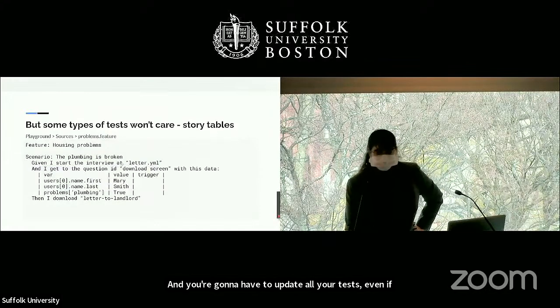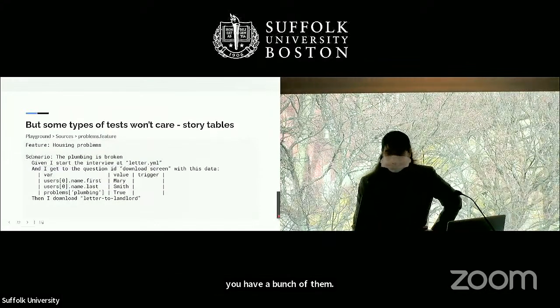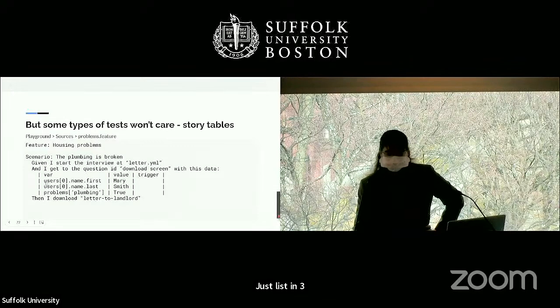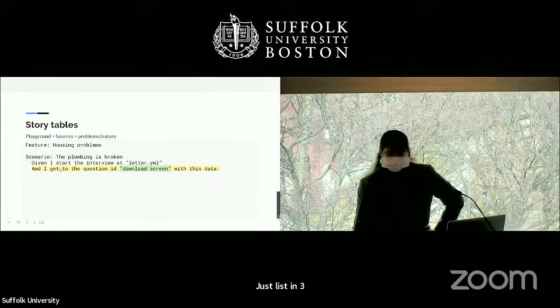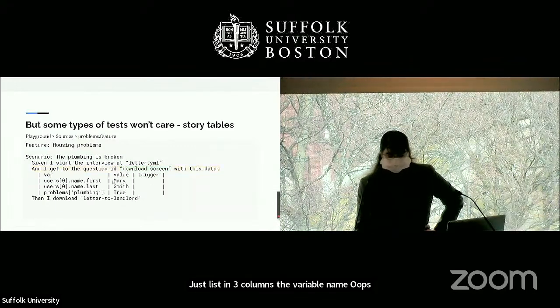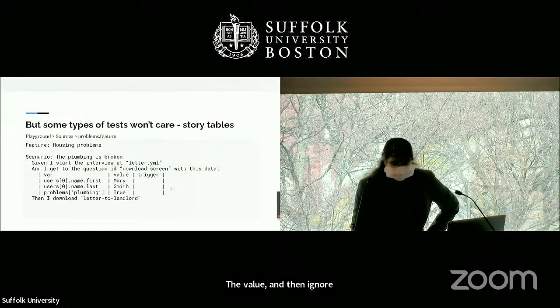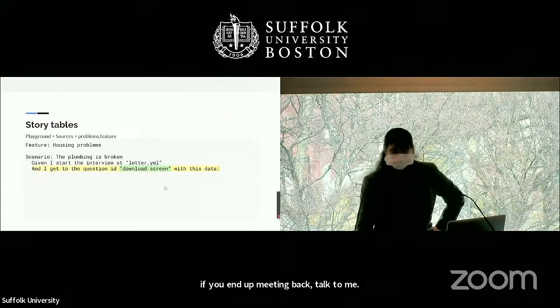So this is called a story table, and it won't care what order your questions are in. You just list in three columns the variable name, the value, and then ignore this third column for now. If you end up needing that, talk to me, so we can have another conversation.